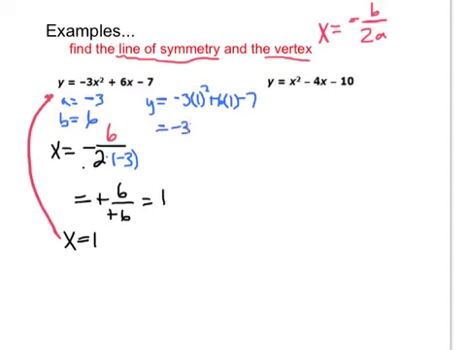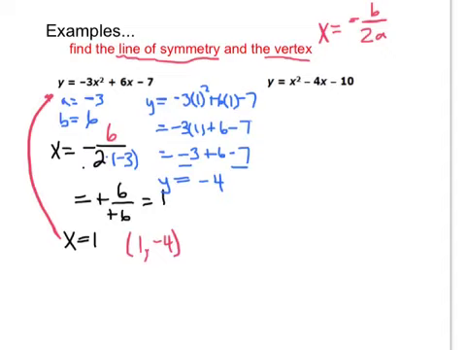We get -3 plus 6 minus 7, which gives us -4, because -3 and -7 give us -10, and then add back 6 and we get -4. So y equals -4. So our ordered pair for our vertex is as follows: 1 comma -4. And then our equation for our line of symmetry is just x equals 1. And so this here is our answer.